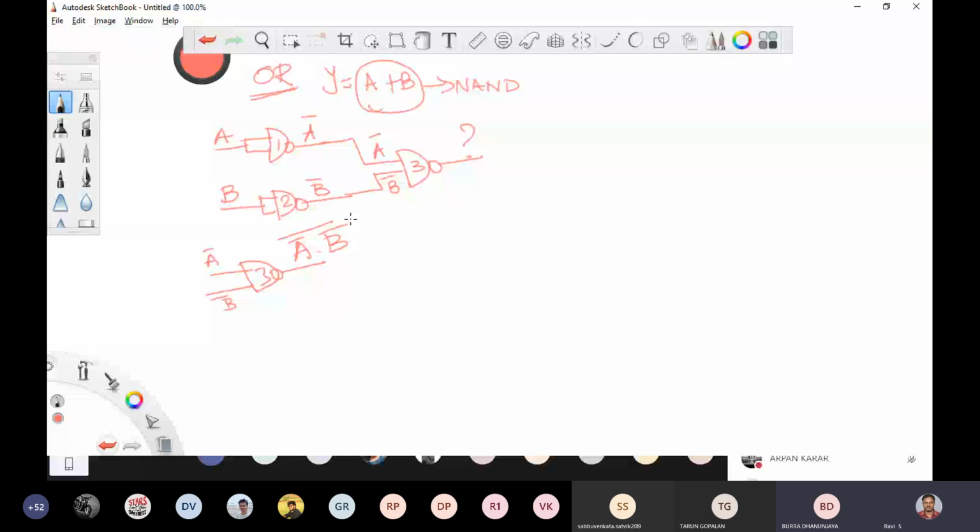So now I'm just solving this. A bar into B bar, the whole bar, is the output of logic gate number 3. If I consider A as A bar and B as B bar, this expression looks like A dot B, the whole bar.